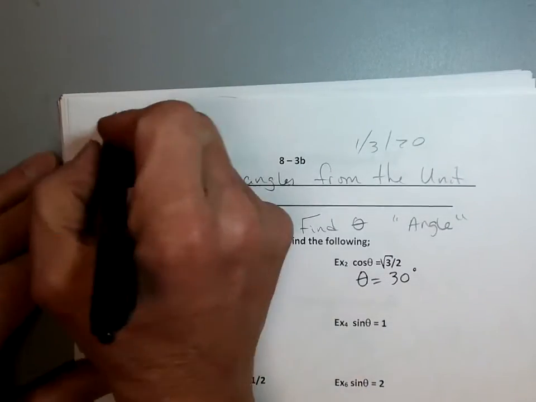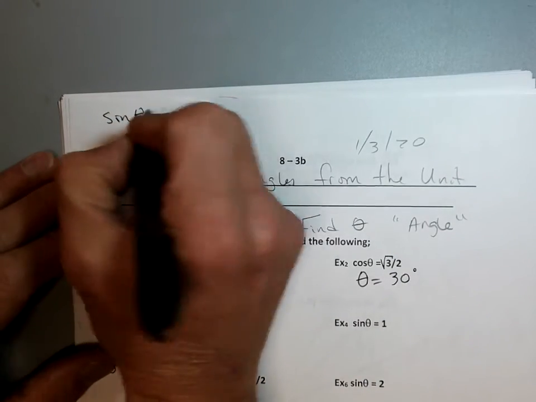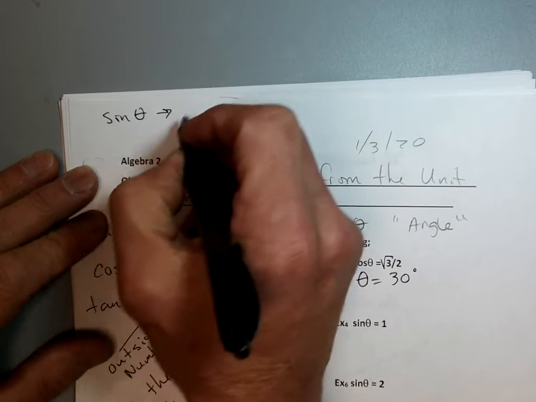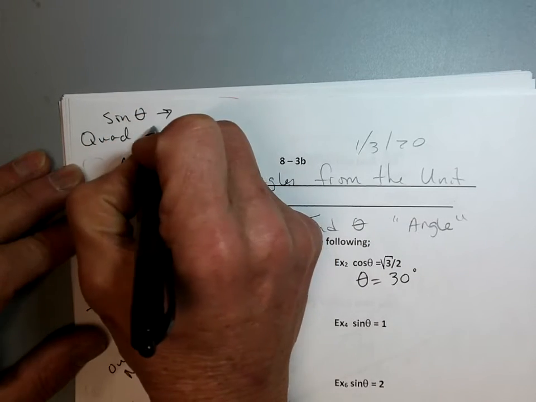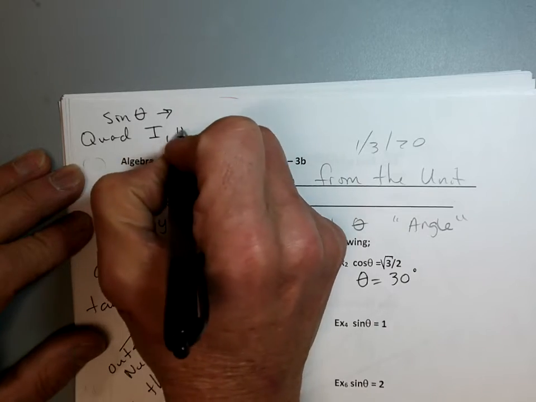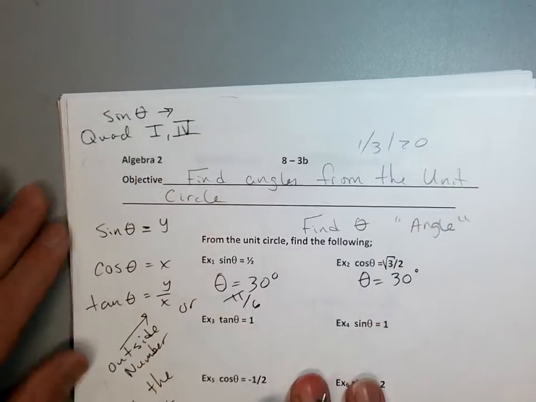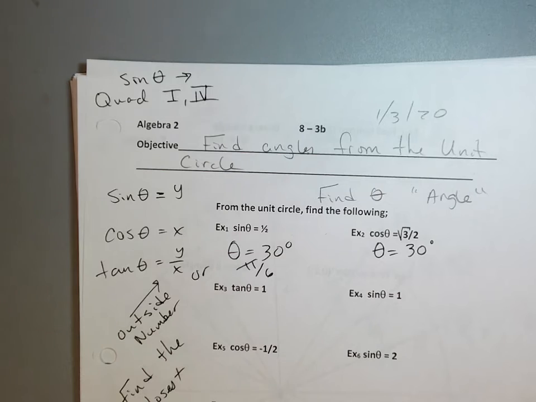So for the sine of any angle, they're found in quadrant 1 and 4. Okay, you guys know what the quadrants are? 1 and 4. Okay. Cosine. This is going to answer your question.